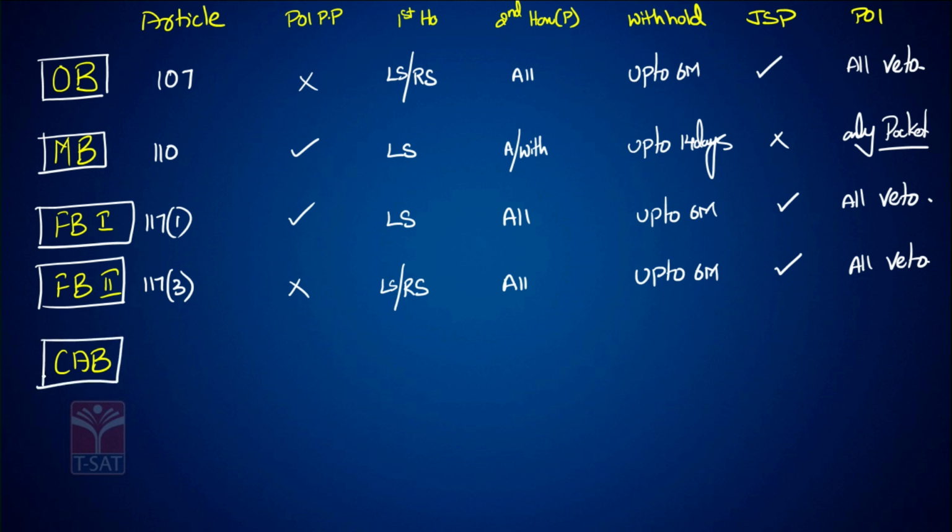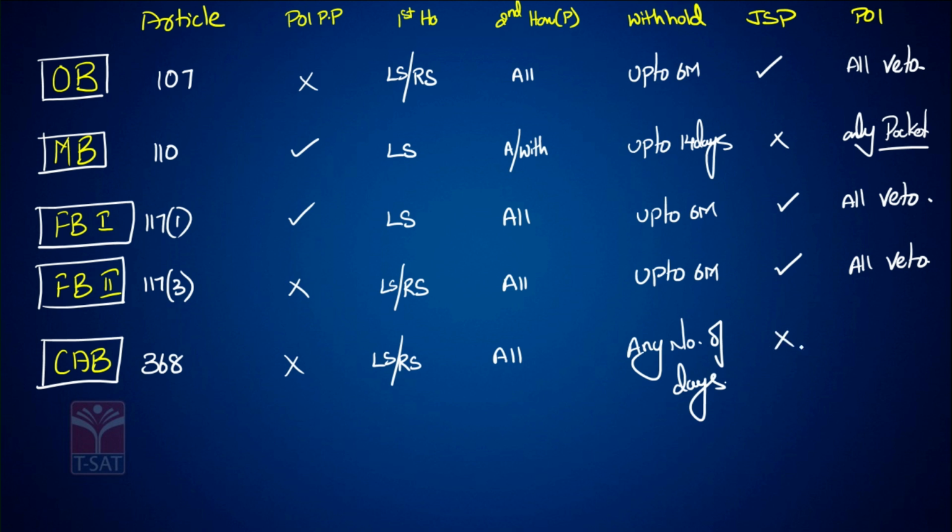Now we have the Constitutional Amendment Bill. Article 368 of the Constitution talks about the Constitutional Amendment Bill. President's prior permission is not compulsory. It can originate in Lok Sabha or Rajya Sabha. Now what about the second house? It has all powers, but the second house can withhold a Constitutional Amendment Bill for any number of days.